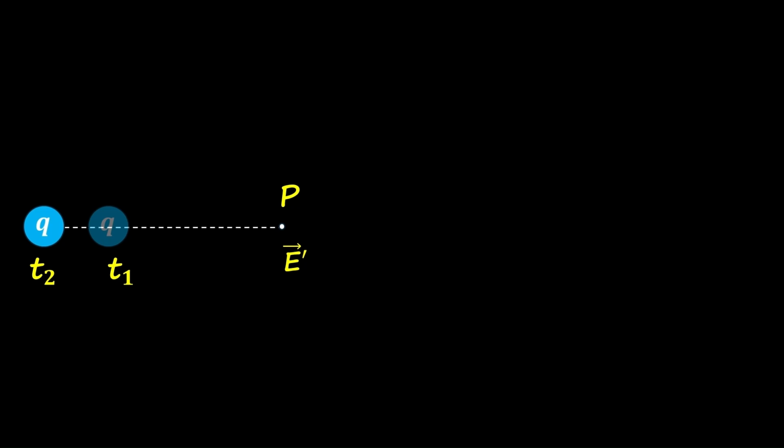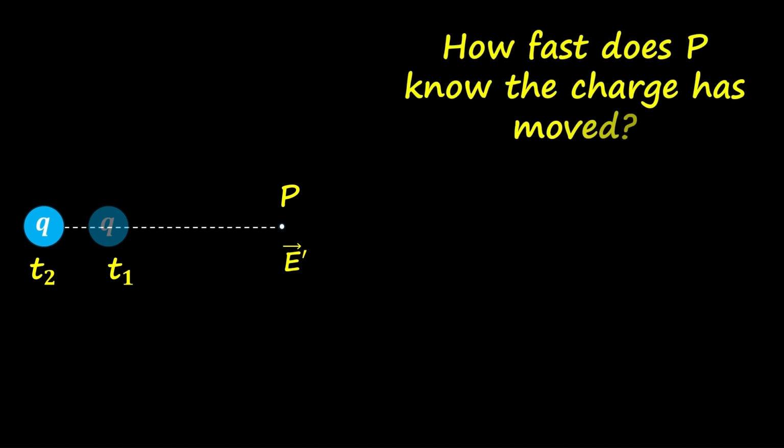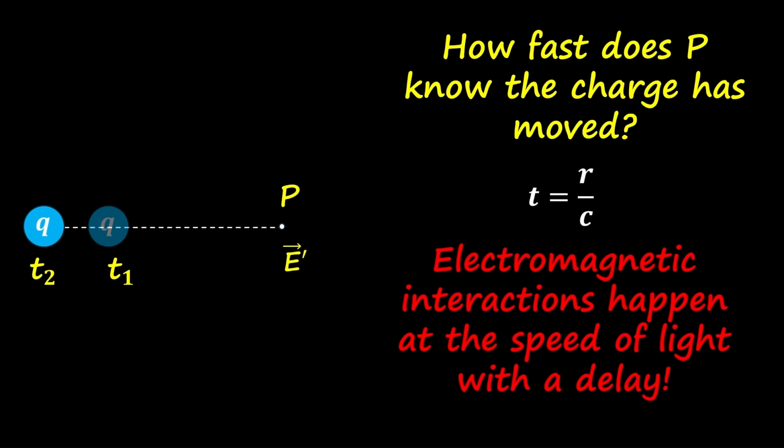Now, how fast does P know the charge has moved? This time is given by R by C, where R is the distance and C is the speed of light. Since speed of light is coming into the picture, that means relativity is coming into the picture. Because of this, electromagnetic interaction happens at the speed of light with a delay of R by C.